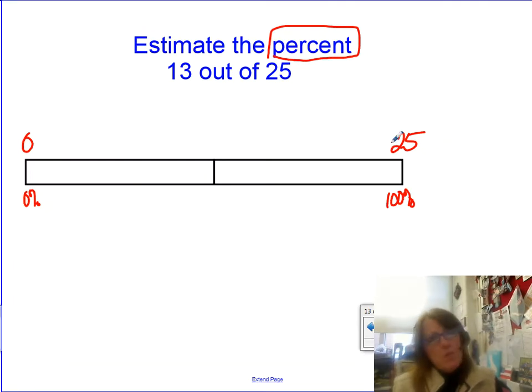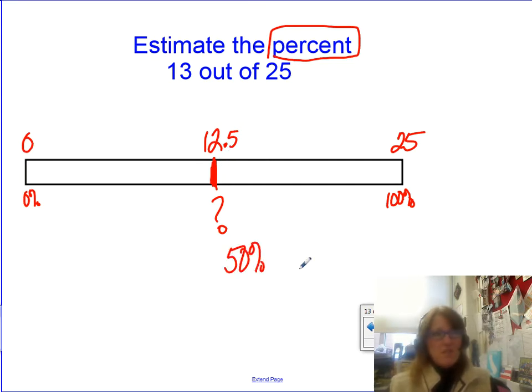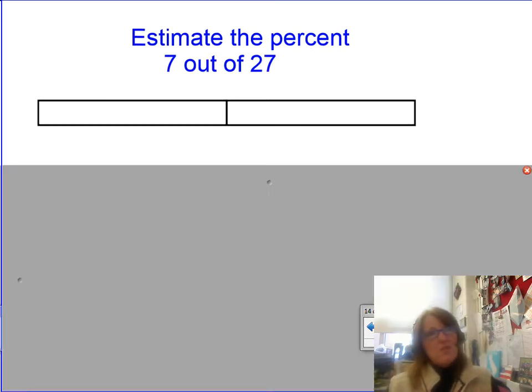I'm going to leave 25 as is instead of rounding, because I can work with 25, but can you tell me what exactly half of 25 is? Well, half of 24 is 12. So this would be 12 and a half. 12 and 5/10. Oh, so if I said estimate the percent of where 13 is, which would be right here, this is really close to 50%. Okay? You can use the picture to do it that way.